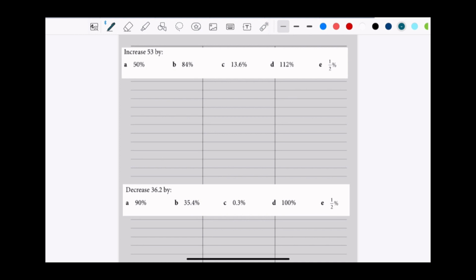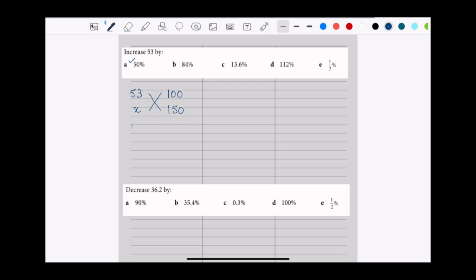Let's say increase 53, a number, by 50%. And what is going to be that? So if I have to solve this, 53 is the original number that I need to increase. That in percentages is 100%. And if I'm increasing it by 50%, the next will be 150 and x.